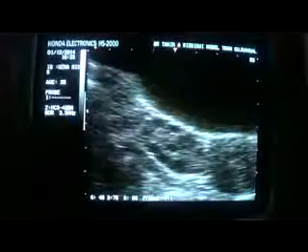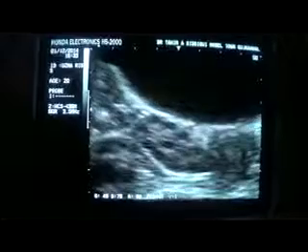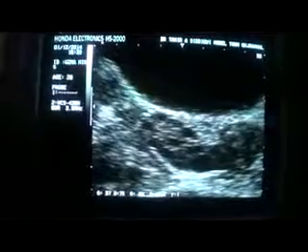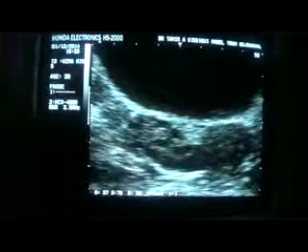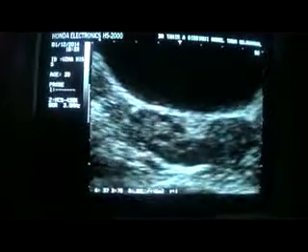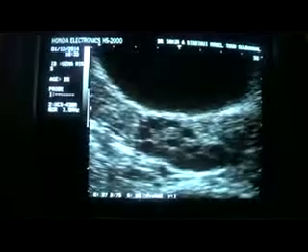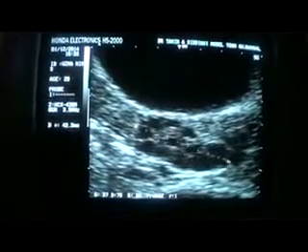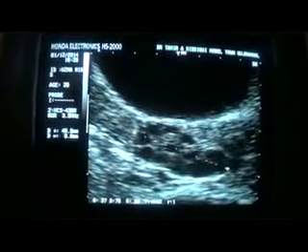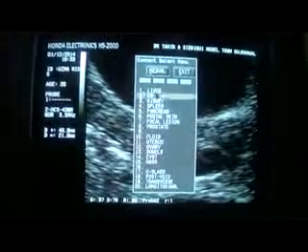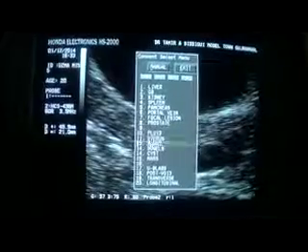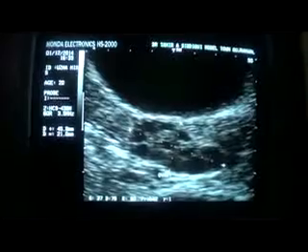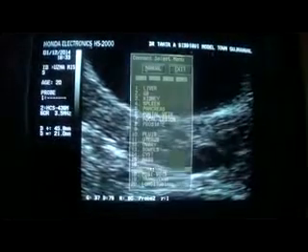I have magnified to show you that the ovary is polycystic, and this is the full view. Now you see that this is the ovary, and this is the stroma between. You can see the number of developing follicles within it.